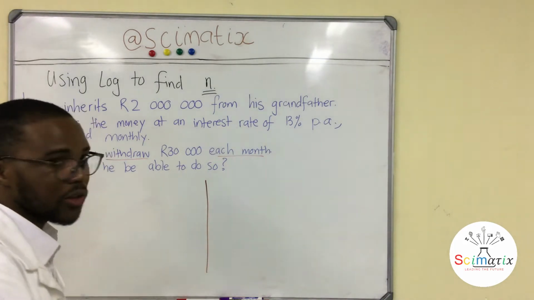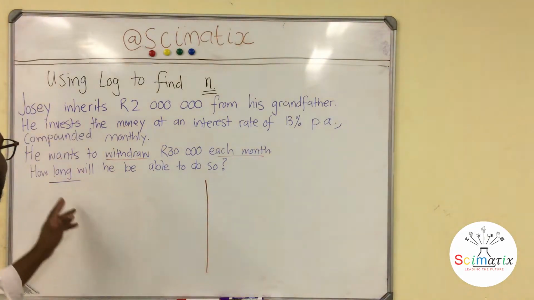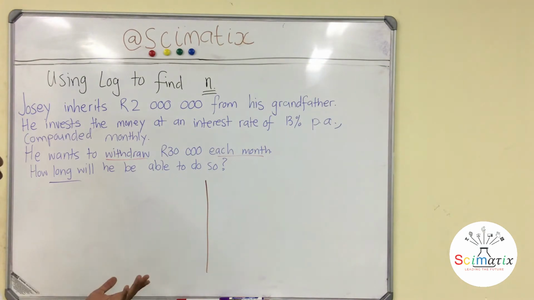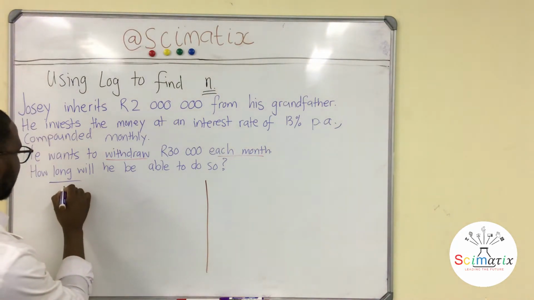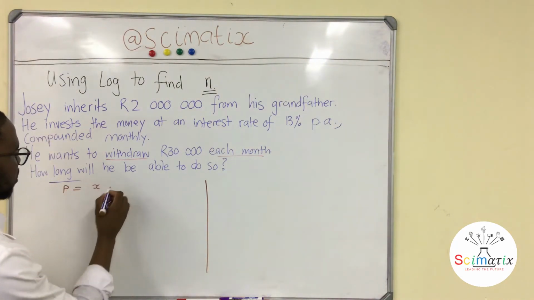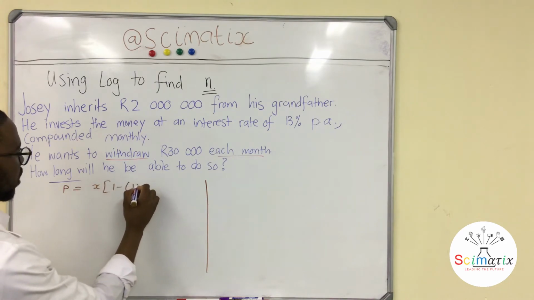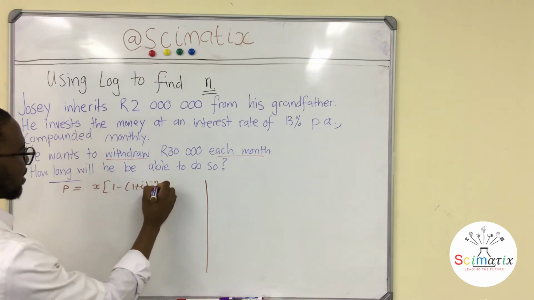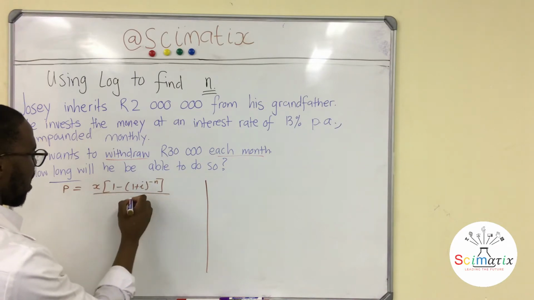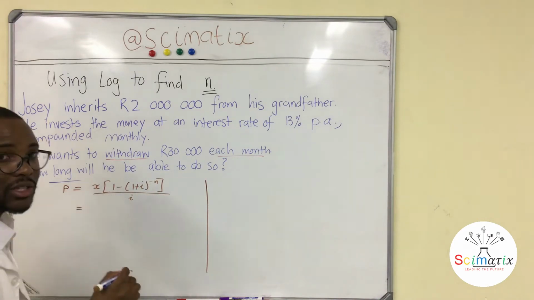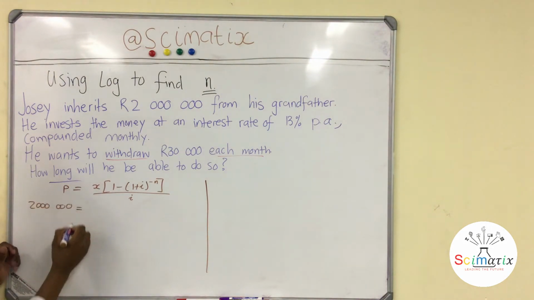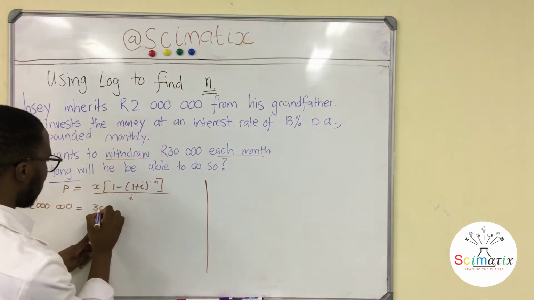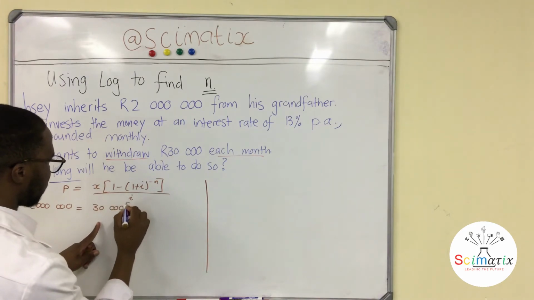Step number one, our thinking process here: we want to find out what n is. With any question, we always start with our formula. We've determined that it's a present value formula. So P is equal to x times 1 minus (1 plus i) to the power of minus n, all over i. Our P in this case is 2 million. It's a lot of money. Our x is 30,000, which is also a lot.